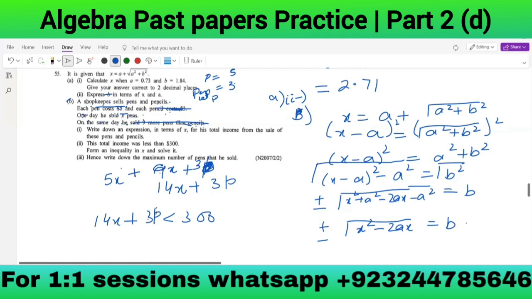P is the number of pencils he sold, and one pencil costs 3. X is the number of pens he sold. So the maximum number of pens he can sell would be... what is the price of X? The price of pens is 5.